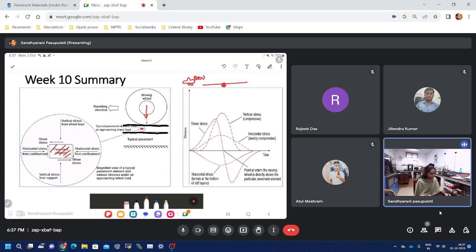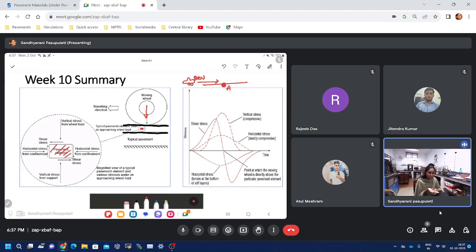If the car is very far from this point A, there is no stress in that element A. The element is very relaxed. As the car starts moving towards it, the element tries to take that load, so it is supposed to deform. But it will not deform directly, because the element, which is nothing but asphalt mixture, has some strength. It will try to resist the load coming.